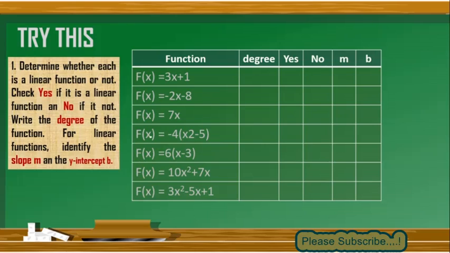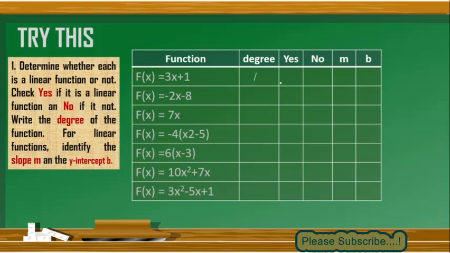For number 1, the given is f(x) = 3x + 1. Is it a function or not? Not yet. The first question is, what is the degree, before we decide. The given is 3x + 1. As you can see, x has an exponent of 1, meaning the degree is only 1.